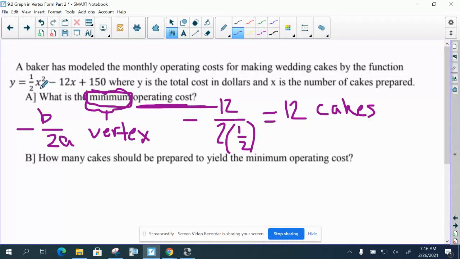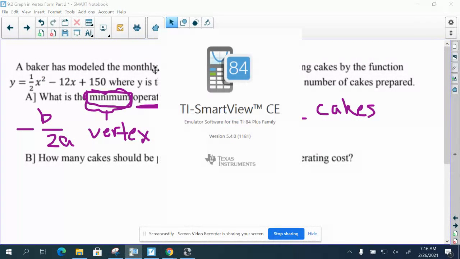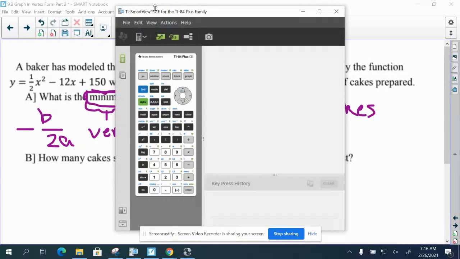You can do it by hand. It's not that hard. You just do 12 squared is 144, multiplied by 1/2, minus 12 times 12, plus 150. Or you could take your calculator and type it in. So I'll show you what I mean by that.